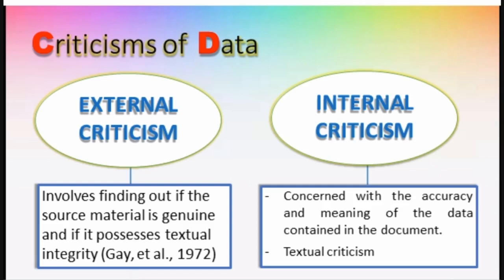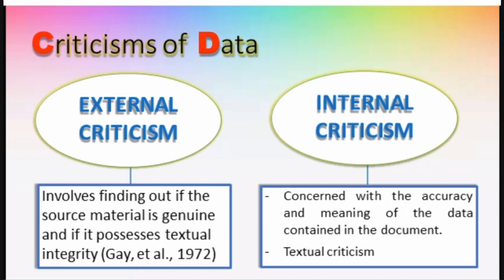External criticism is, for example, I am preparing a book of NET examination for library and information science. Am I a reliable author? Am I a good person to write this book? That is when you are analyzing from that point of view. Is the data given by me in that particular book correct? Is it genuine? The source material I have provided, is that genuine? That is external criticism.